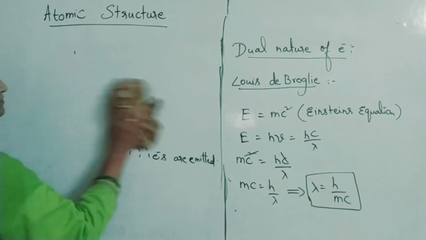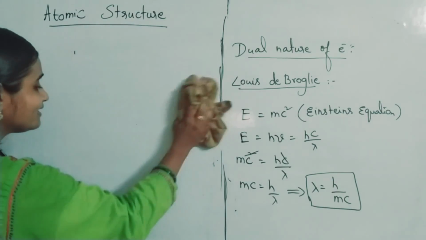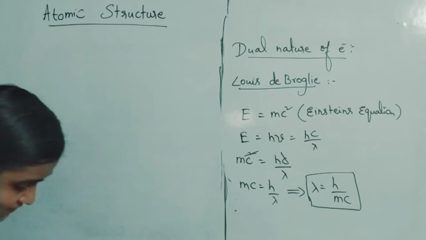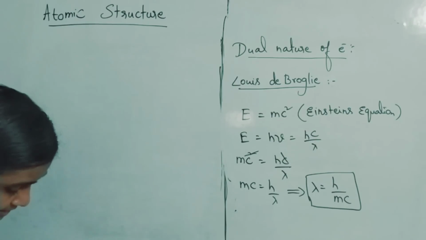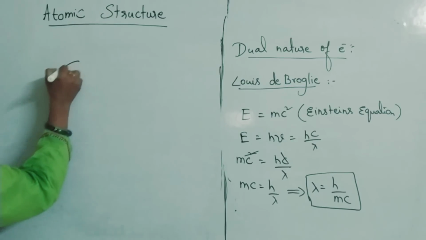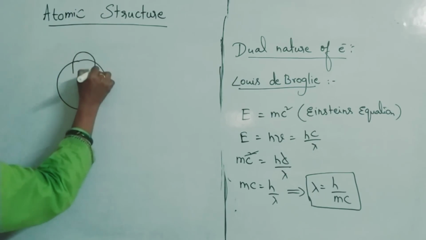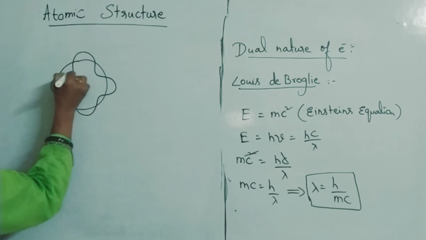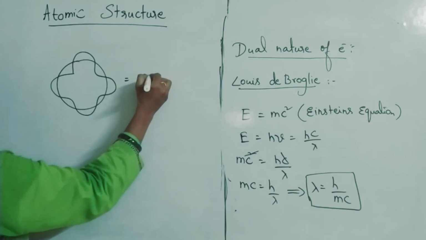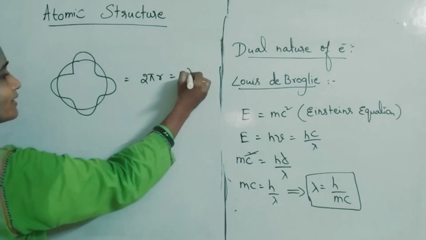So accordingly he calculated Bohr's quantum condition also. Now lambda is equal to h by mv. This is called what? This is called de Broglie's wave equation. So accordingly, if electron is traveling in the form of a wave, like this, a constructive wave, the circumference of the wave is equal to what? 2 pi r is equal to n lambda.